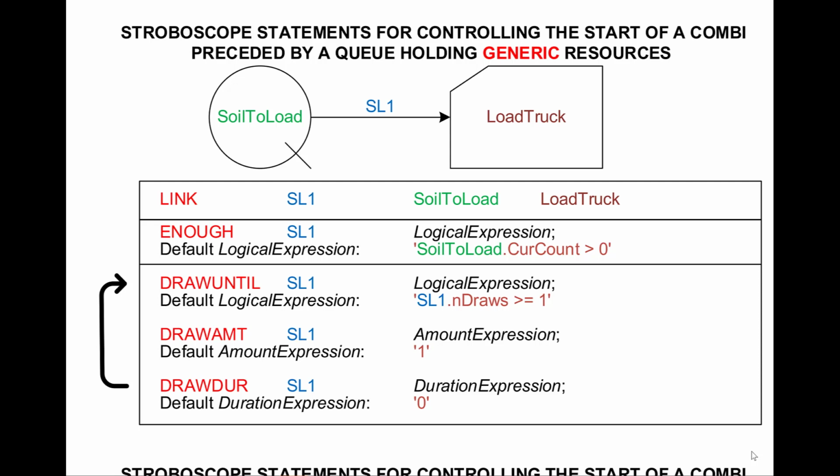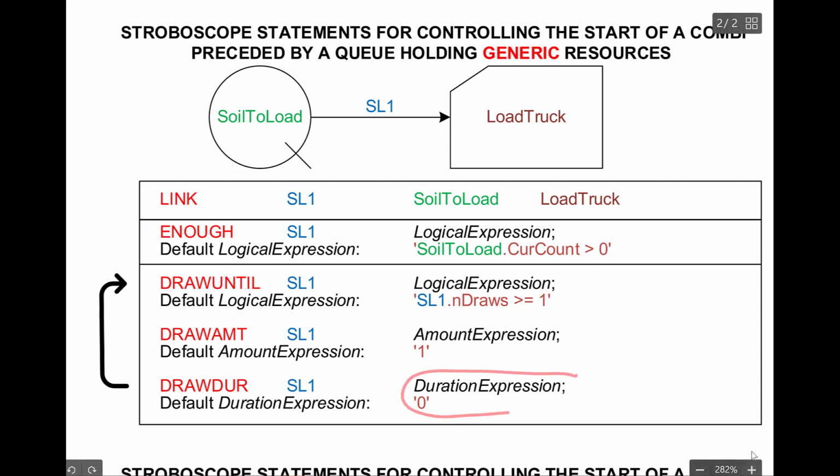The way to think about this process is that each link, such as SL1, has a statistics collector built into it, which is initialized when the drawing process begins. Whenever we draw a draw amount, we also collect a draw duration via this expression, and we put it into the statistics collector of SL1. So if we draw 3 times through this link, we will collect 3 values of that particular duration expression.